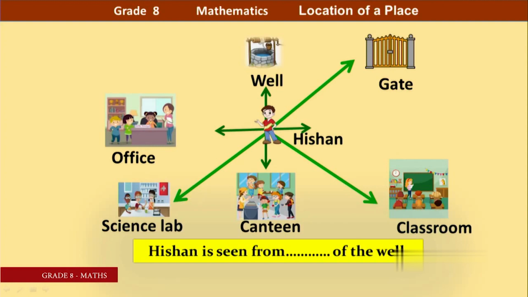First, shall we consider the well and Hishan? Imagine now you are at the well. You are looking at Hishan. So, the direction of Hishan as seen from the well. Yes, he is seen from south of the well.